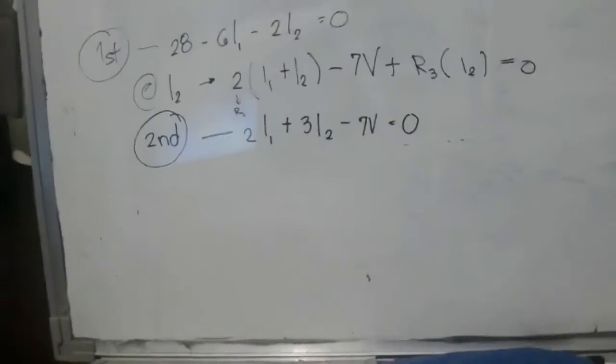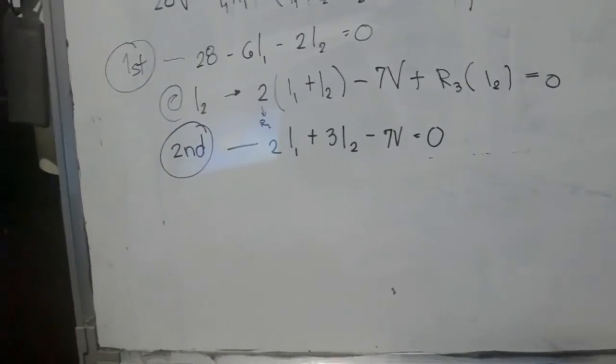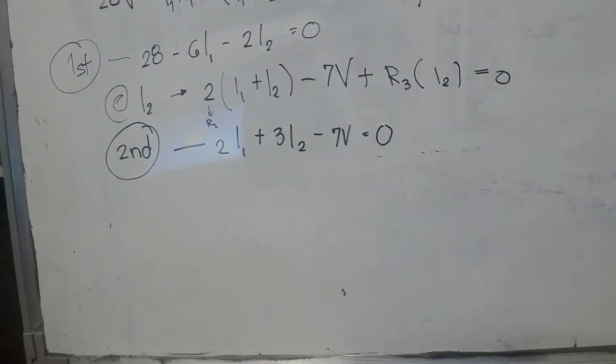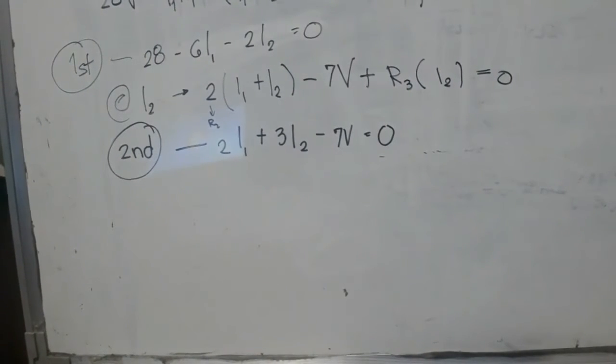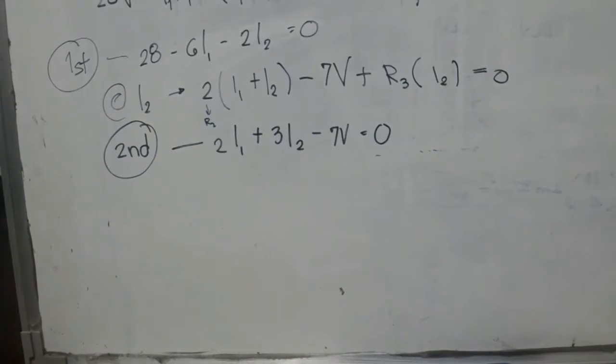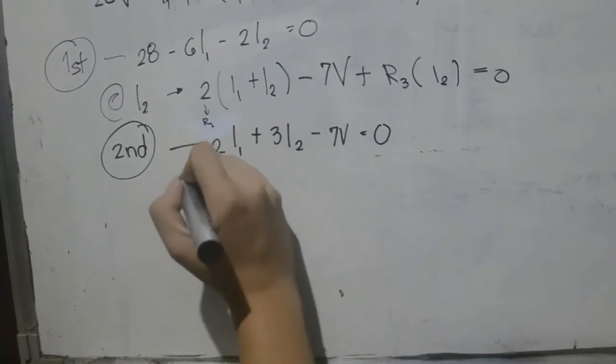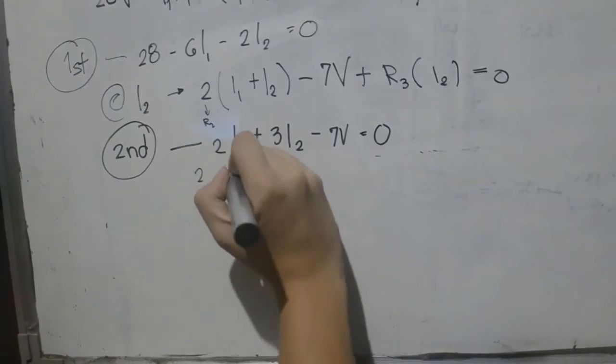The third step would be solving for the unknowns. Now, we have two equations with two unknowns. Find both I1 and I2. We can solve this using algebra.